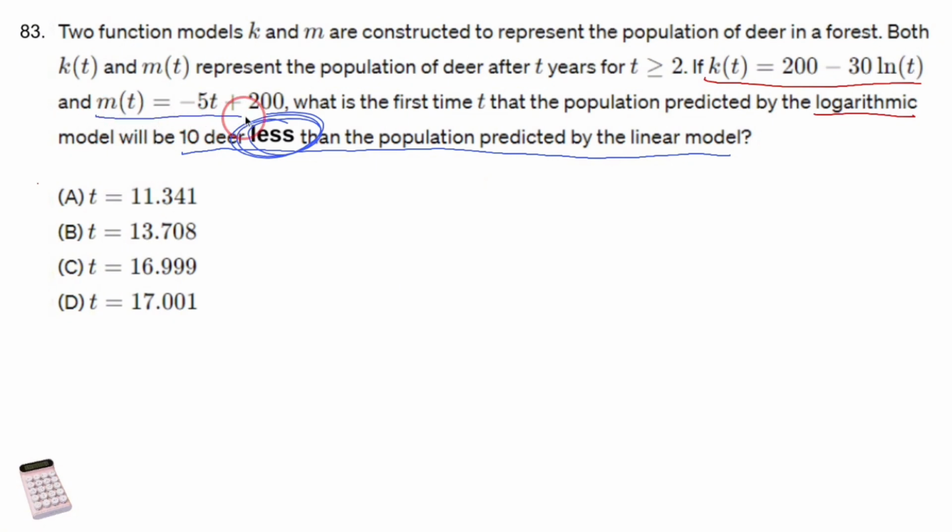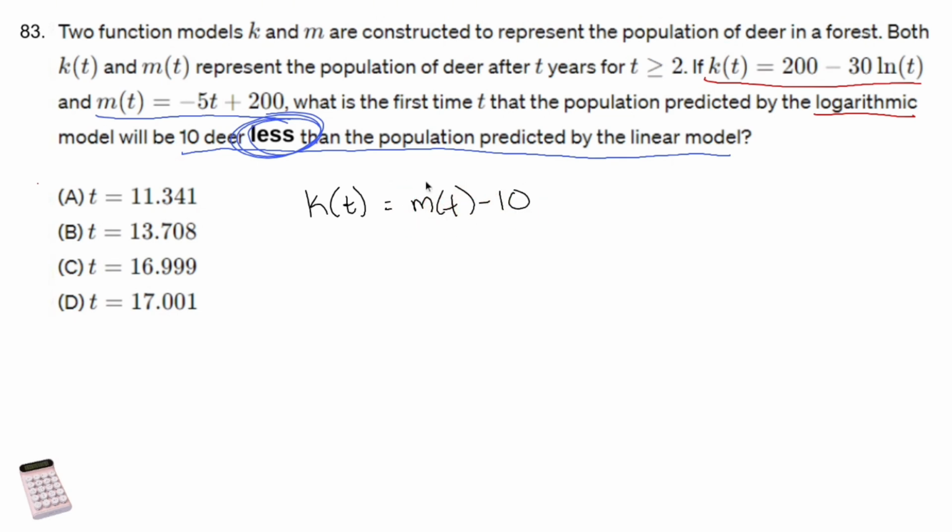By the way, k is the logarithmic, and m is the linear model. So I need to see when k is 10 less than m. So basically what I'm asking is, when is k of t 10 less than m of t?